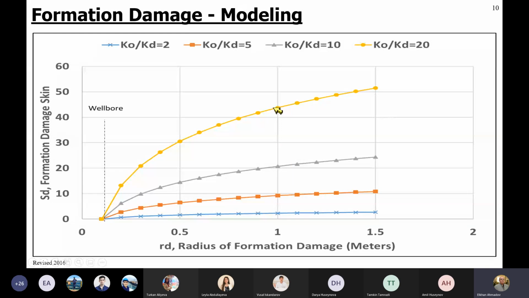So the more severe the damage, the more effect as the radius increases.